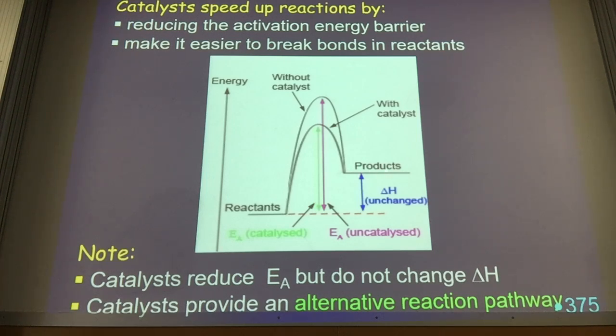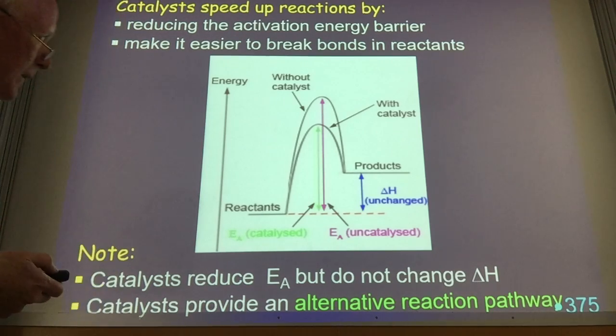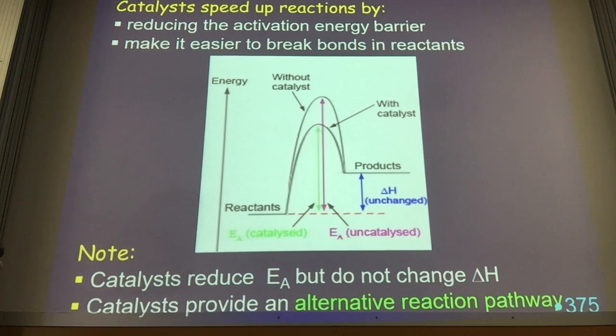The products have got the same enthalpy as before, so delta H doesn't change, only the activation energy. It's a very important fact. And we describe it that catalysts provide an alternative reaction pathway. So we're not doing exactly the same intermediate steps when we use a catalyst, but it's the final product which is the same.